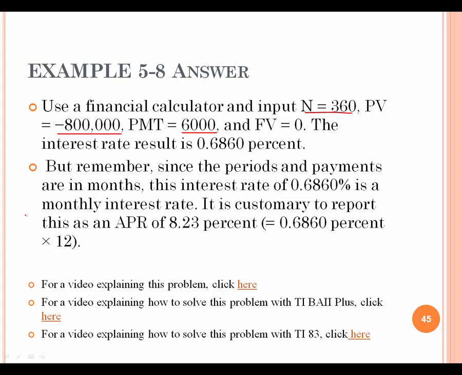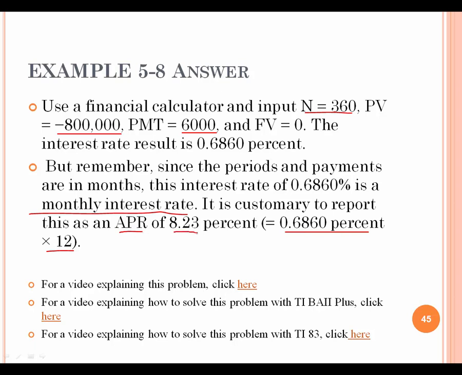So then you want to convert it to an annual figure, and you simply use this percentage number multiplied by 12, because this number is per month. Then for 12 months, you multiply by 12, and that means your APR, which is annual percentage return, is about 8.23%.